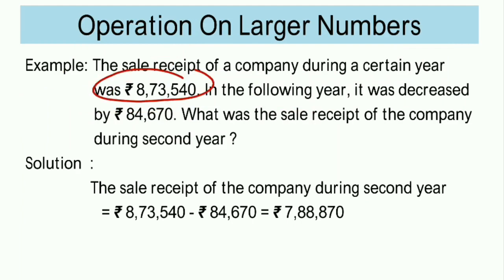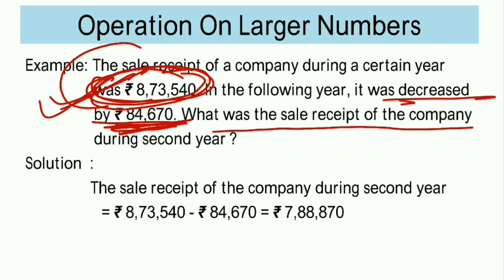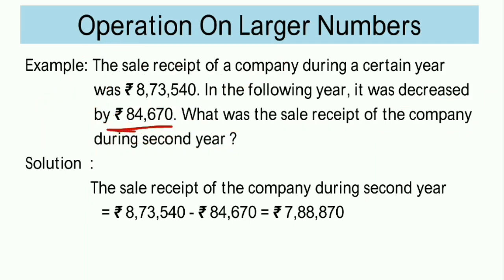In a particular year the sale was of the amount 8,73,540, but in the next year it was decreased, not equal to this, it was less. So what was the sale receipt of the second year? Next year the sale was 84,670 less than that.